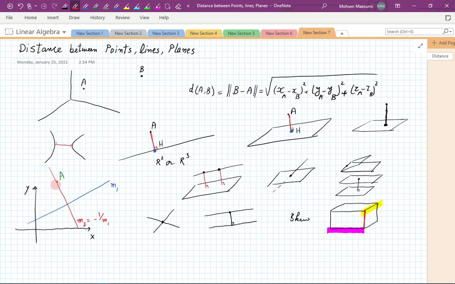You find the equation of this line, find the intersection with the other one. Once you have the intersection, you actually have your h first, and then you find the distance of these 2 points by the distance formula, and then you'll have your distance. Okay, so the problem is not new at all.